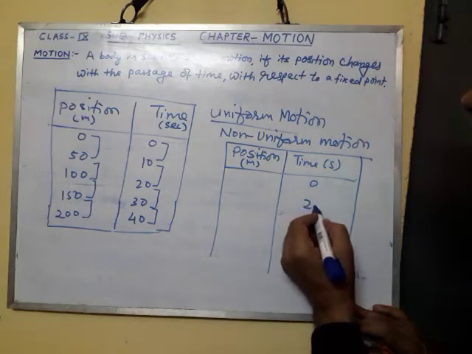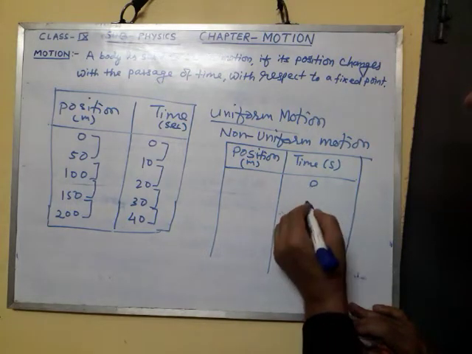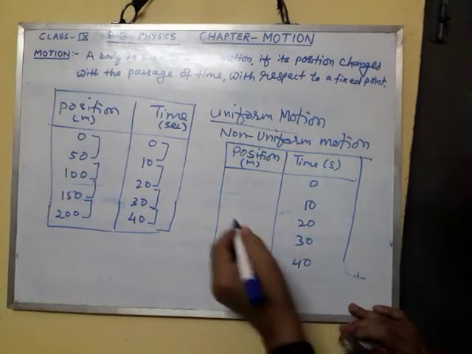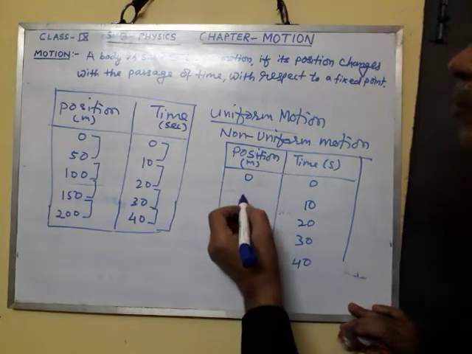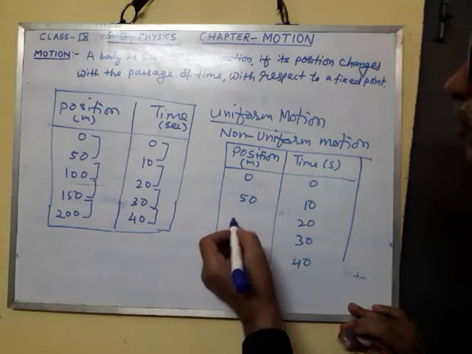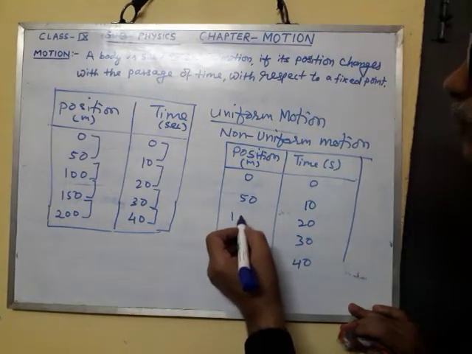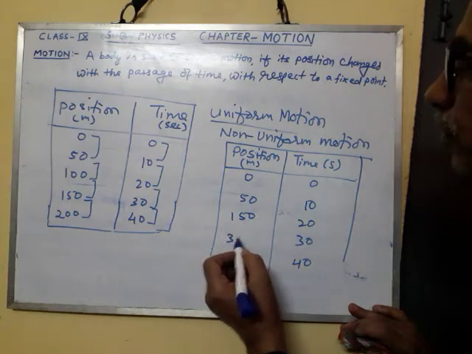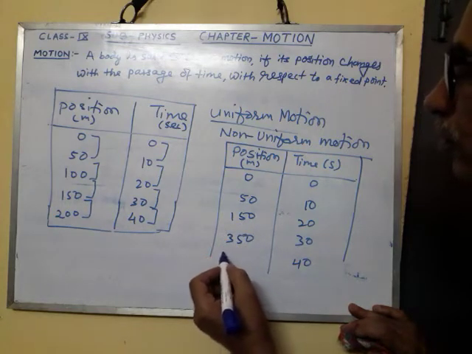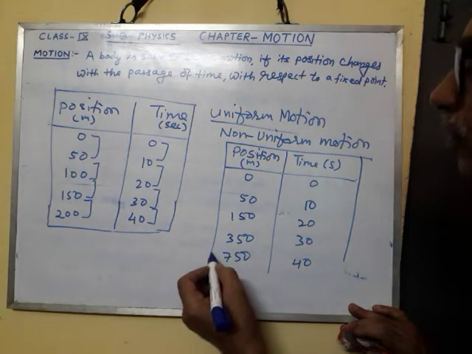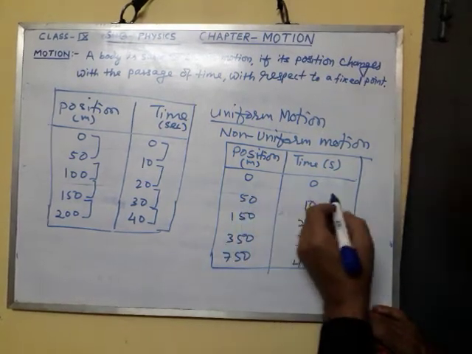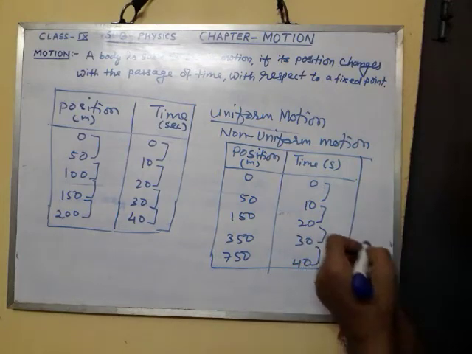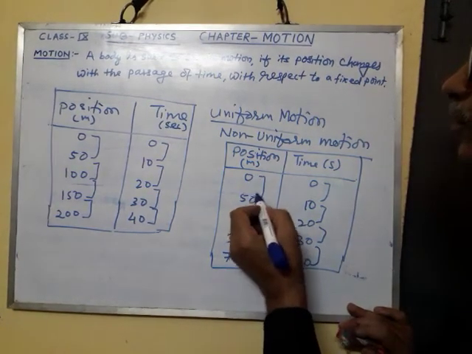Again take 0, 10, 20, 30, 40 seconds, with positions 0, 50, 150, 350, then 750, like that. You see that here for equal time intervals of 10 seconds, you find the change in position.